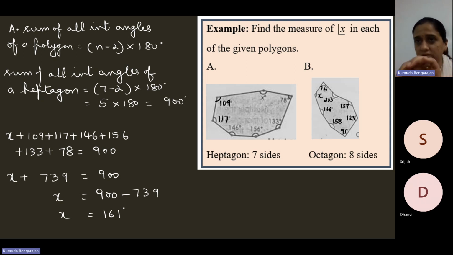Don't spend time drawing the figure. Answer the question. I'll share the second one. Okay, answer the question.